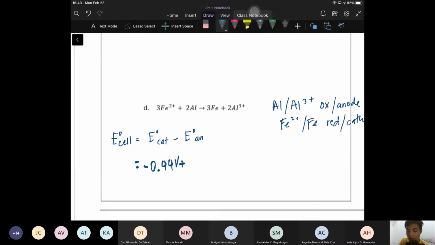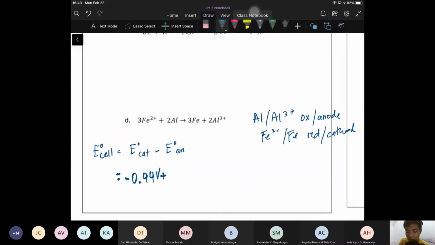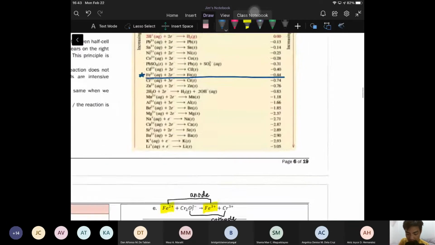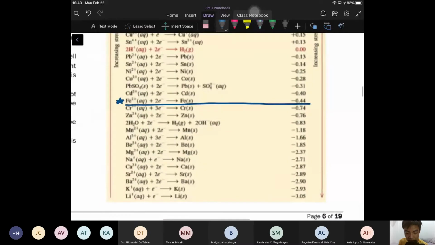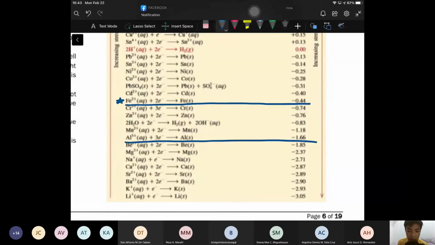Ano yung anode natin? Aluminum 3 plus. Balik tayo sa table. Saan yung aluminum 3 plus? Ito. Ayan. So this is the cell potential for aluminum 3 plus aluminum. Okay. So that will be negative 1.66 volts.